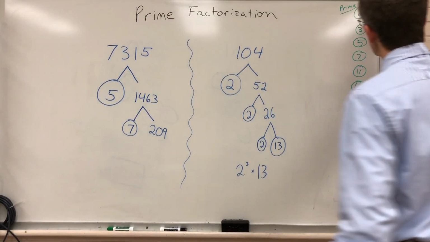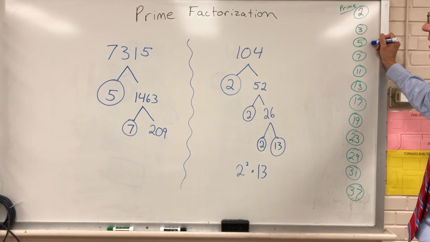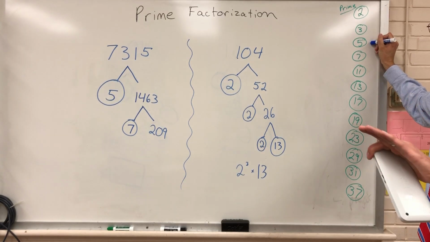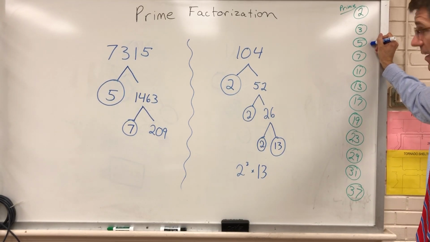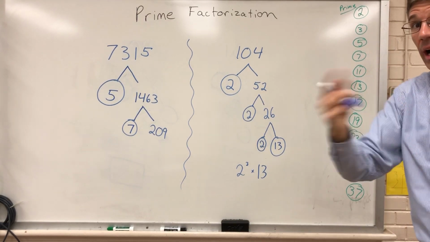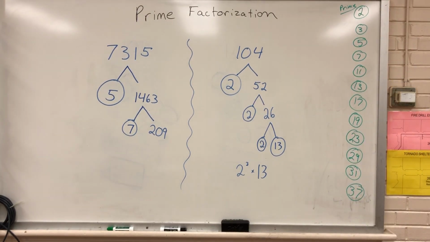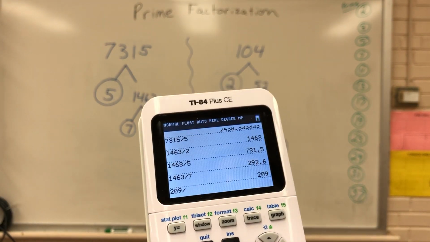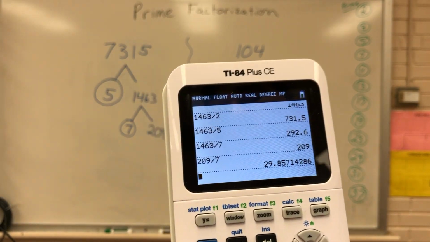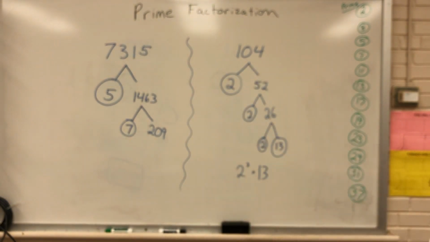All right, 2's not an option. 3's not an option. We've used 5, can't use it again. We've run out of the ability to divide 5 out of this. We tried 7. Maybe 7 divides out of it again. So we're going to try 7 again. 209 divided by 7, and oh man, it's a decimal. So we can't use that.